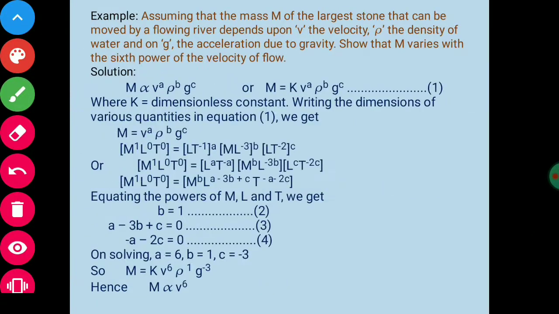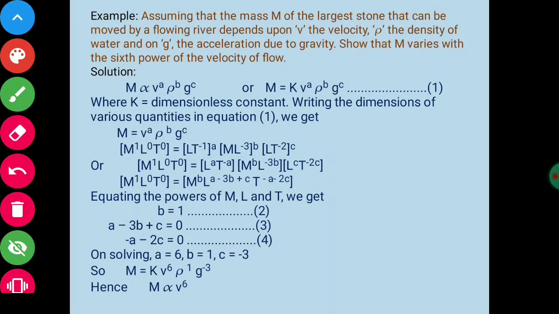Let us understand with one more example. Assume that the mass m of the largest stone that can be moved by a flowing river depends upon, see again the word depend, means mass of a stone depends on various physical quantities like velocity, density, and acceleration due to gravity.